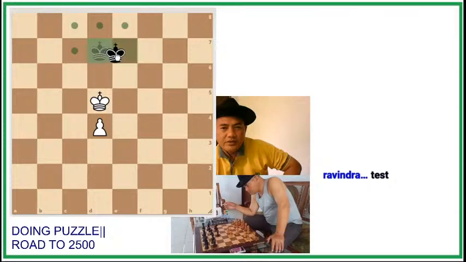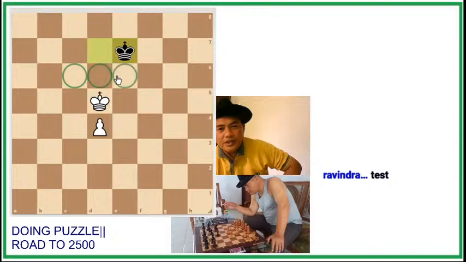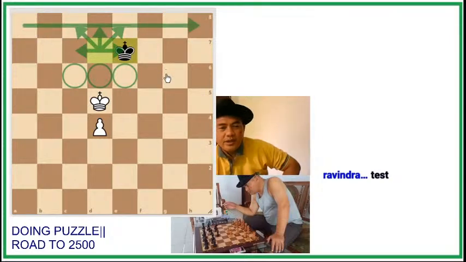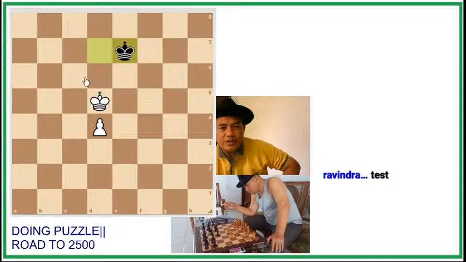If this is black to move, then as we know the key square is here. When black moves here or brings his king to the back rank, on the 8th rank, then he will leave these key squares. When he goes to the back rank, he will leave these 3 key squares.